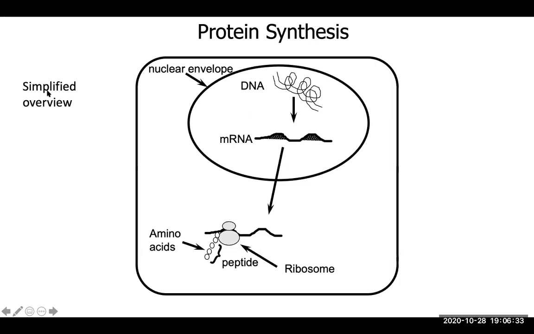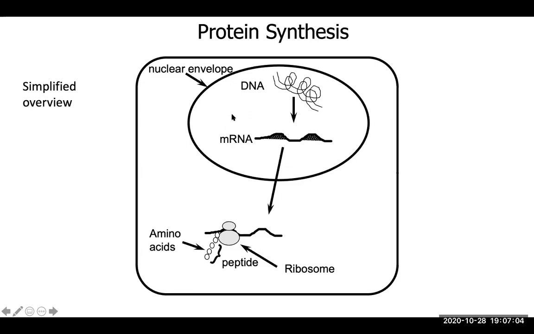Okay, so here is a super simplified overview of protein synthesis. If this box represents a cell, this oval represents the nuclear envelope, and the inside is the nucleus. And then these squiggly lines are the DNA. If you were to transcribe the DNA, you would be making messenger RNA. So here's our messenger RNA.